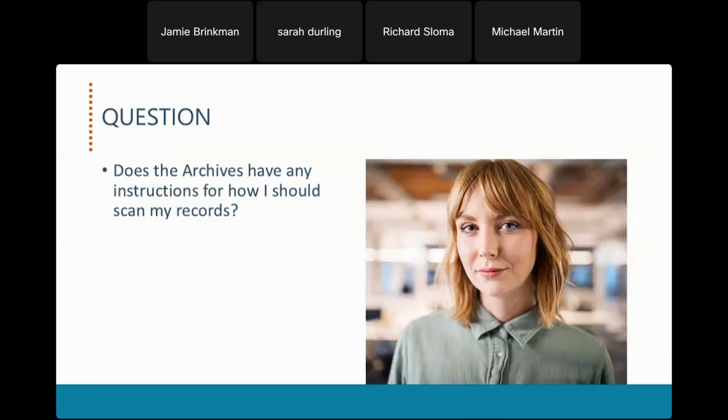Jamie, why don't you take on this one? Does the archives have any instructions for how I should scan my records? Yeah, I'm going to do my best Minnesotan accent, so apologies out there, but you betcha. We do indeed have guidelines and instructions. They're called the Digital Imaging Guidelines. They're available on our website.